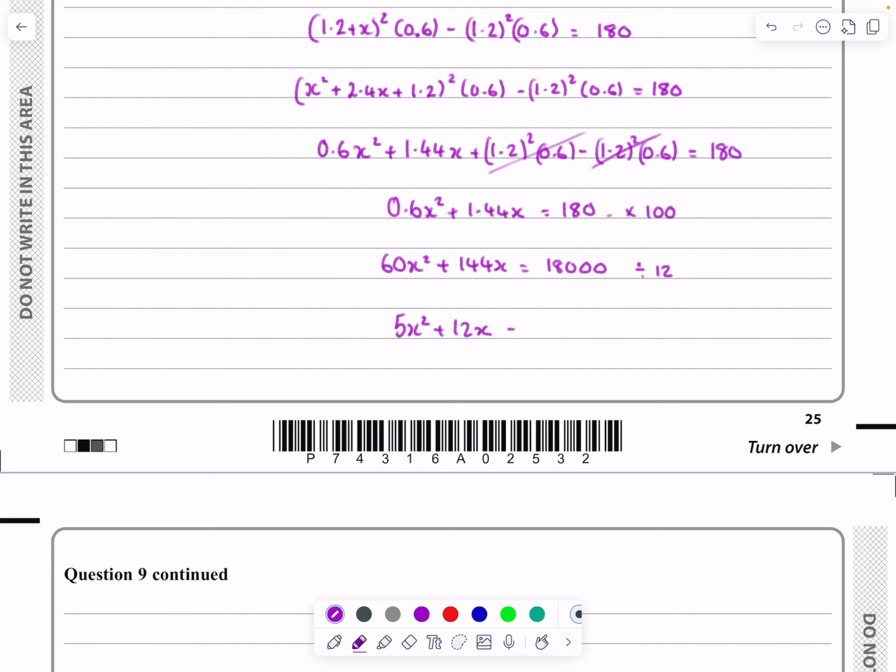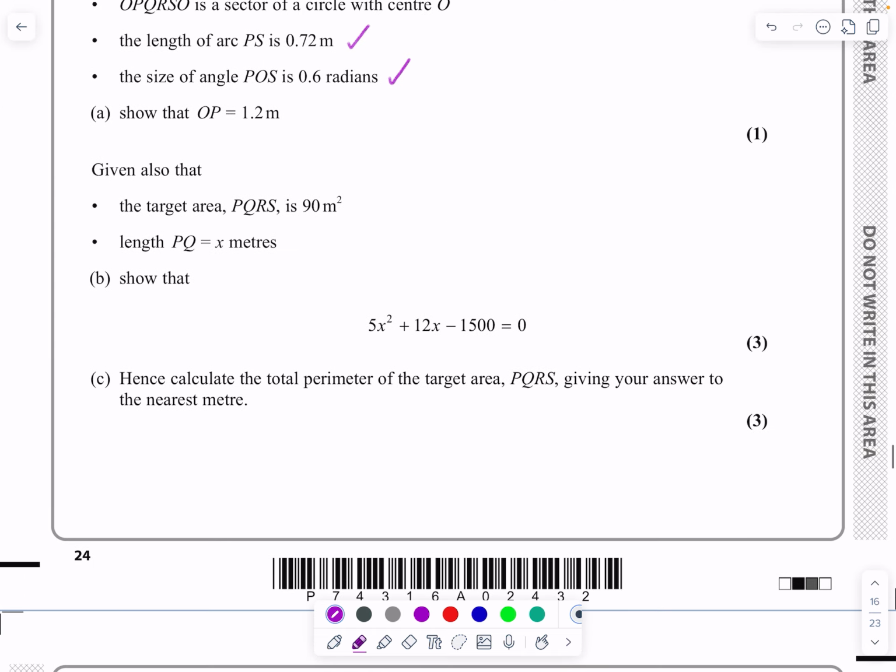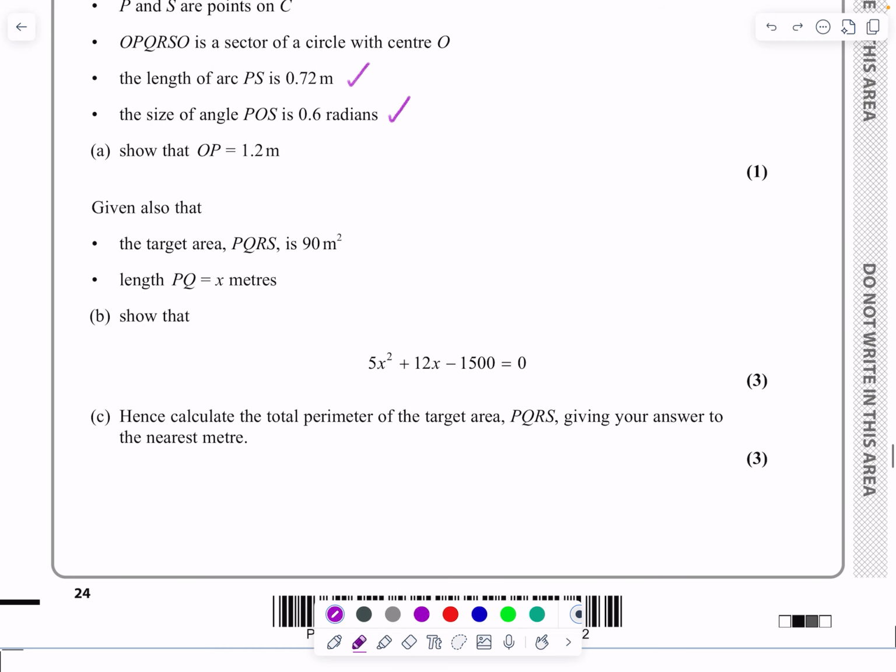So that's why I did that part there. You could take fewer steps than I'm doing here to get to the stage where 5x squared plus 12x minus 1500 is equal to 0. I was trying to get to that answer there. So I can see, thankfully, that I haven't made any mistakes with my algebra. It's quite nice to have a show that question because it does afford us a little bit of confidence in the middle of a question.